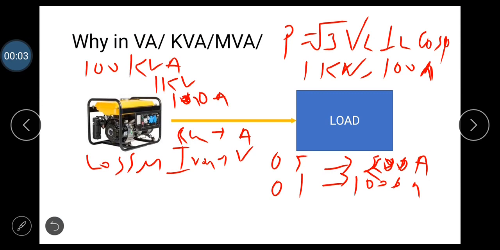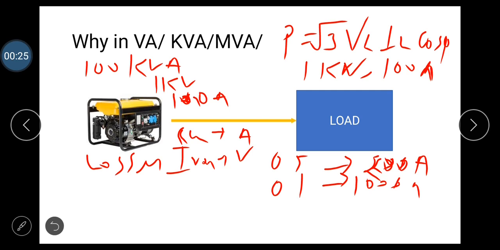Now the load capacity, that means the power rating of the load, is 100 kilowatt. So the 100 kilowatt has to be delivered from the alternator. But this load can be operated at any power factor, maybe from 0.1 to unity.